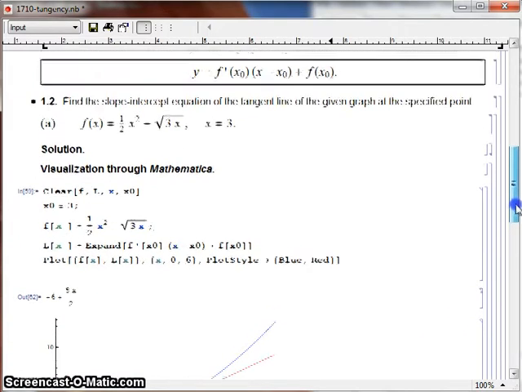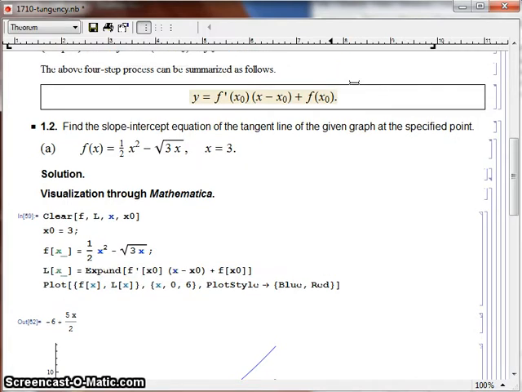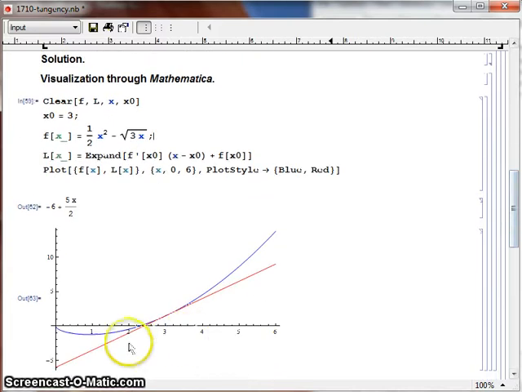And one more thing, here in this Mathematica program, f prime of x times (x minus x naught) plus f of x naught is the same as this equation here. Not surprisingly, we have correct visualization.